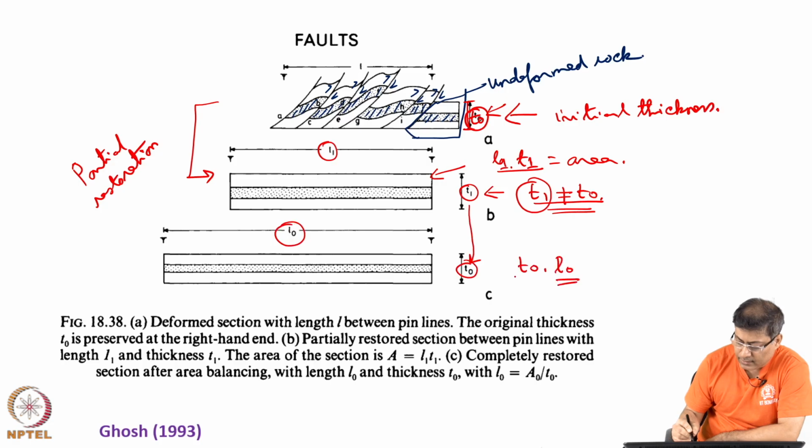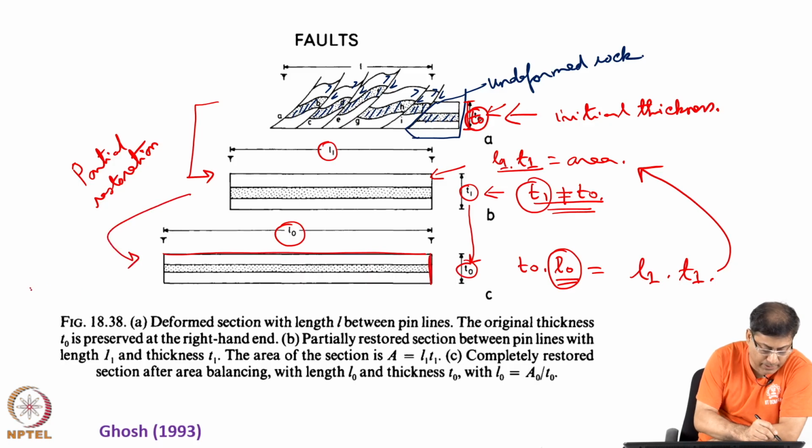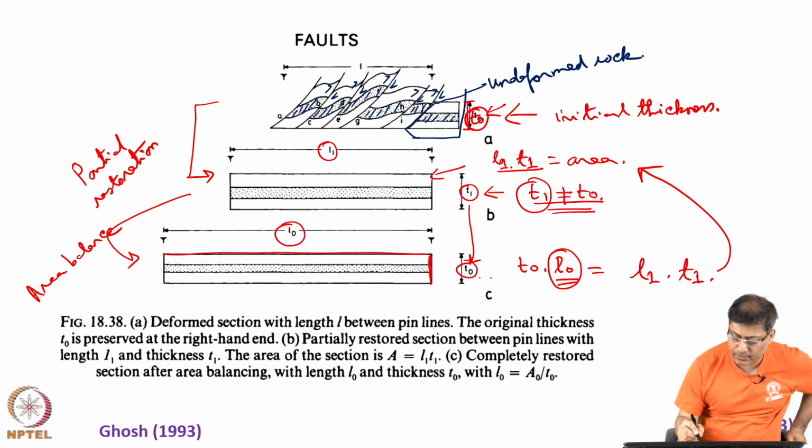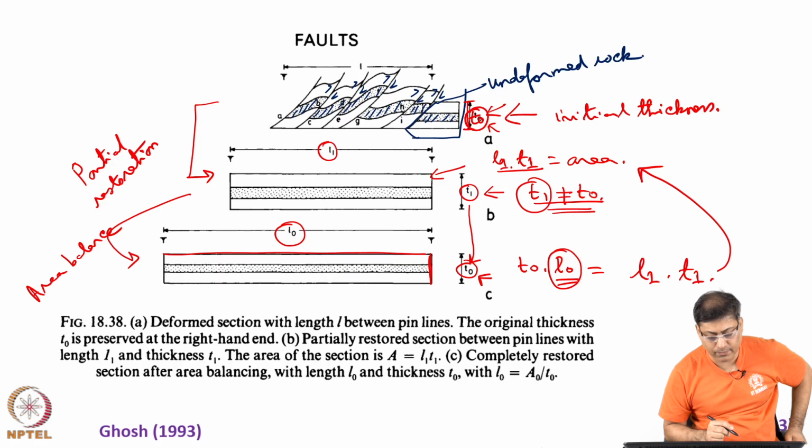L0 should be such that T0 multiplied by L0 should be equal to L1 multiplied by T1, this area. Once that is done, we are able to find out the L0 length. Now, based on the drawing of T0, the L0 length is also drawn. So, from this stage to this stage, an area balance is performed, and this satisfies the initial thickness T0 same as that in the undeformed portion of the rock, making things more logical.